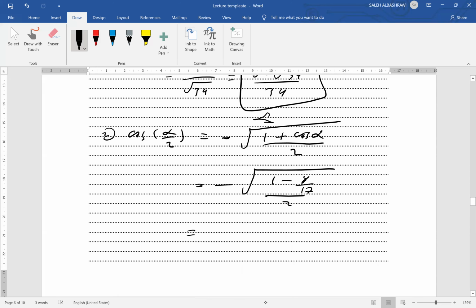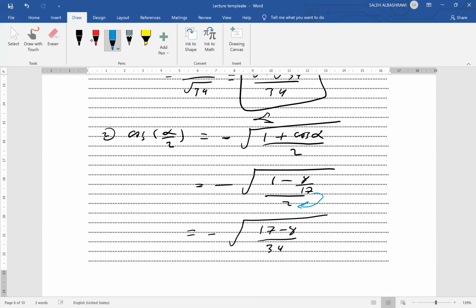This is equal to minus, it will be 17 minus 8 over 34. 17 times 2 will give me 34.